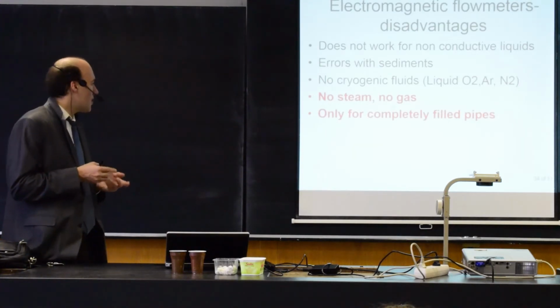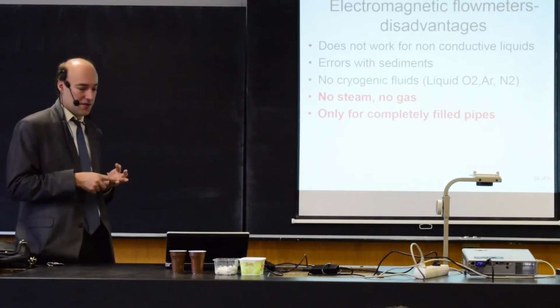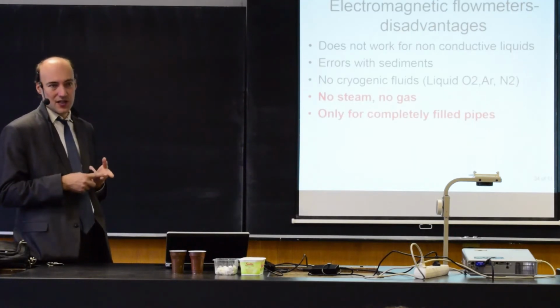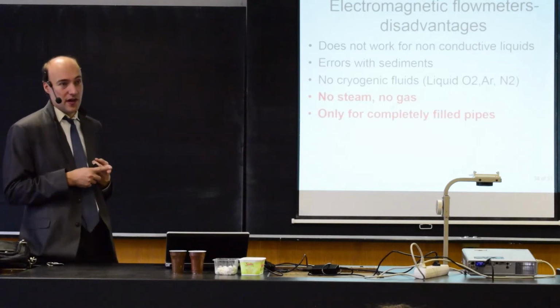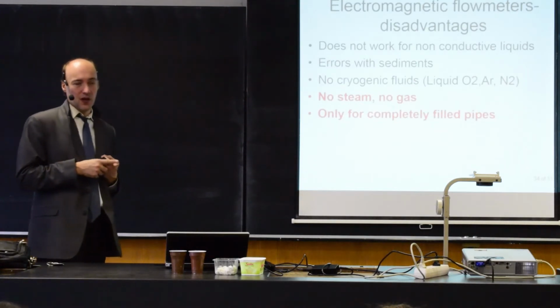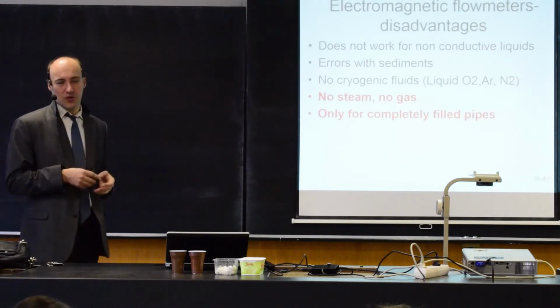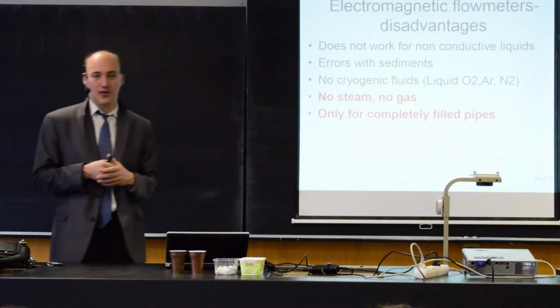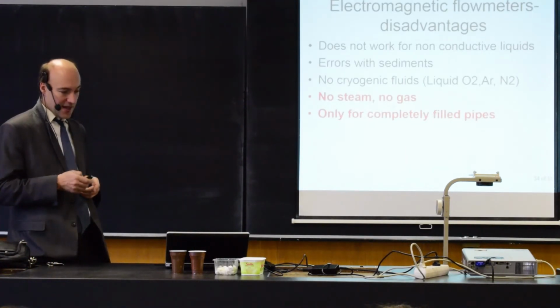It's not working with cryogenic fluids like liquid oxygen, argon, and nitrogen. It cannot measure steams or gases, and it works only if your pipe is completely full. So the same like for ultrasonic, simply because you multiply speed times cross-section, and if the cross-section is not full, you don't multiply that with the correct value.